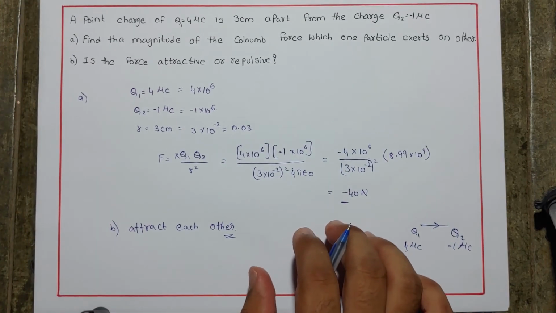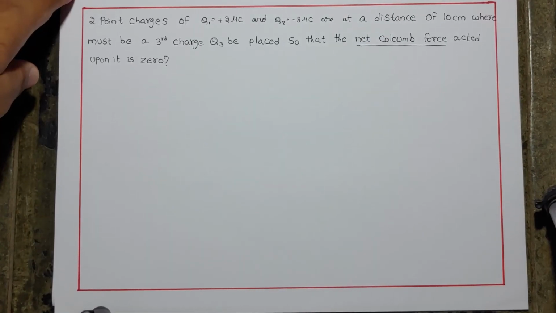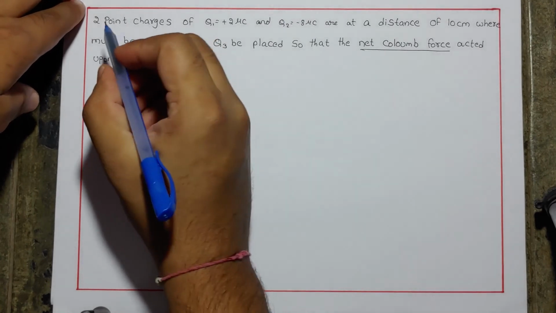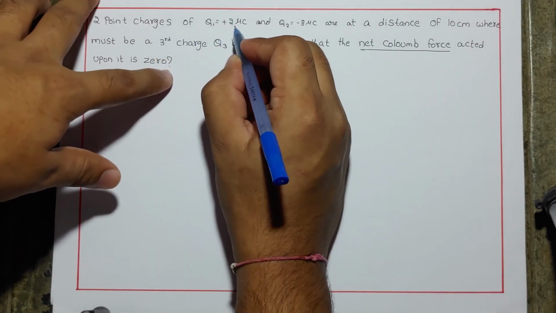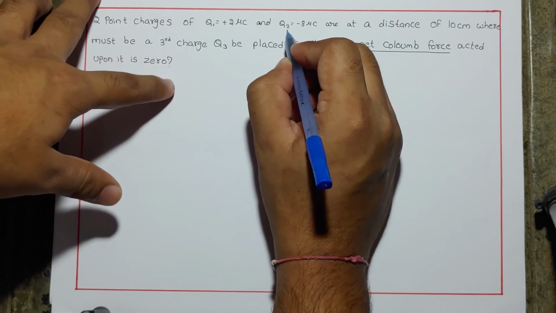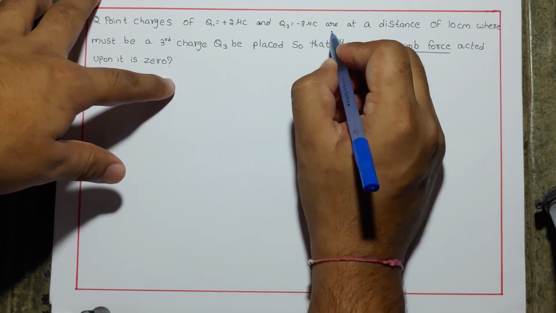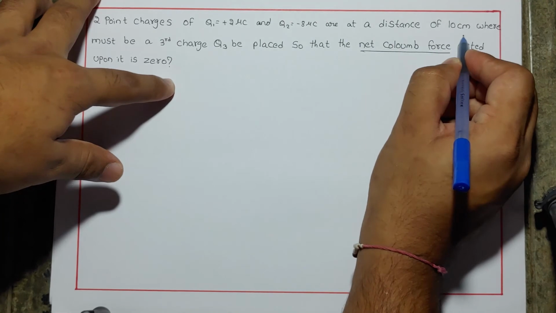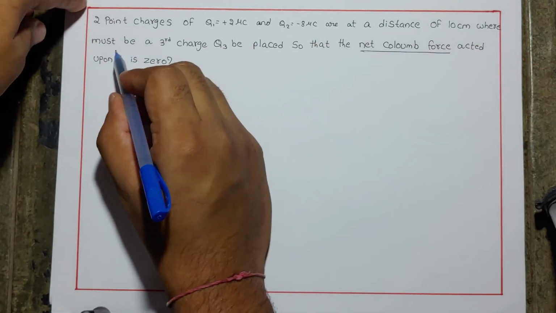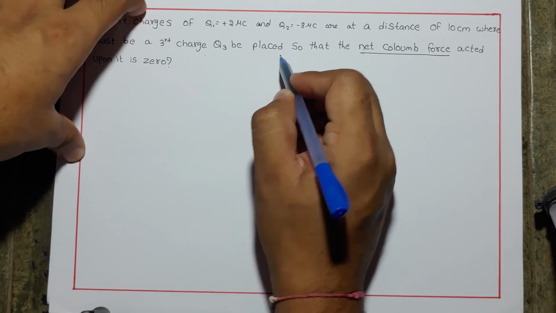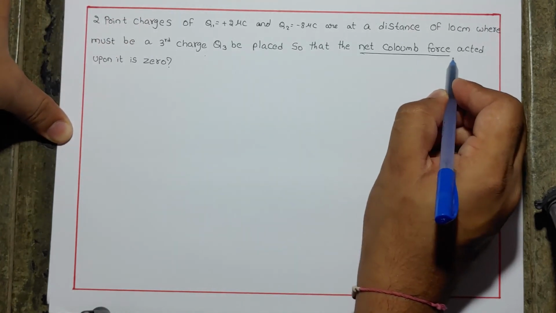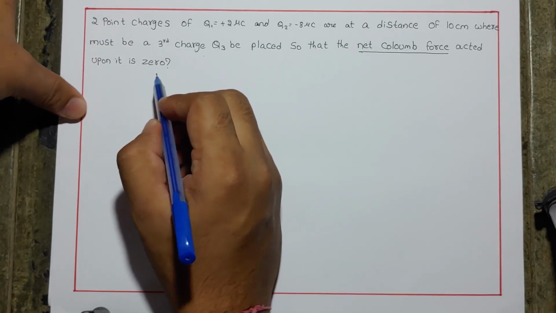Now let us solve another example. Here the question is: two point charges, Q1 is 2 microcoulombs and Q2 is minus 8 microcoulombs, are at a distance of 10 centimeters. Where must a third charge, Q3, be placed so that the net Coulomb force acting upon it is 0?